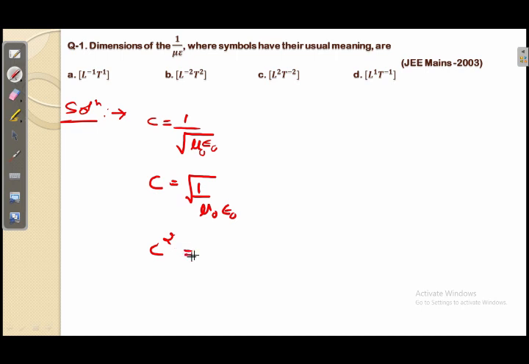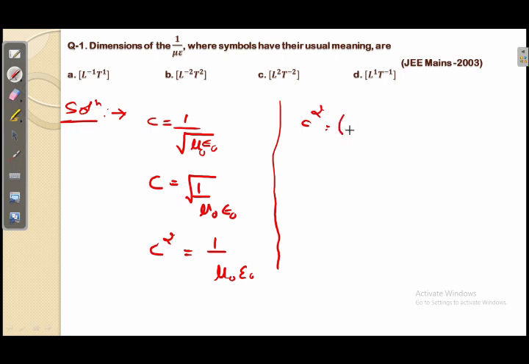So c square is equal to 1 upon mu naught epsilon naught. They have given 1 by mu naught into epsilon naught, so that is equal to c square. c is nothing but the velocity of light, so that is the square of the velocity of light.